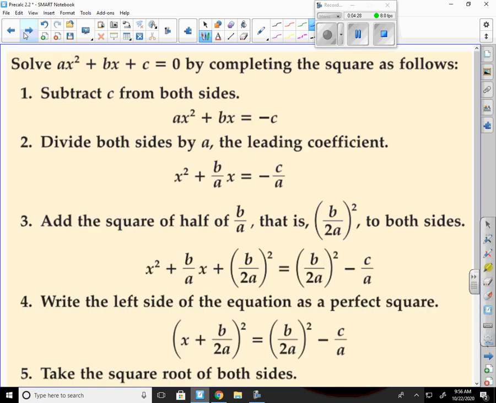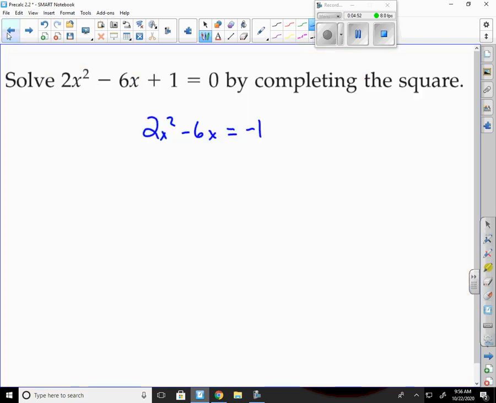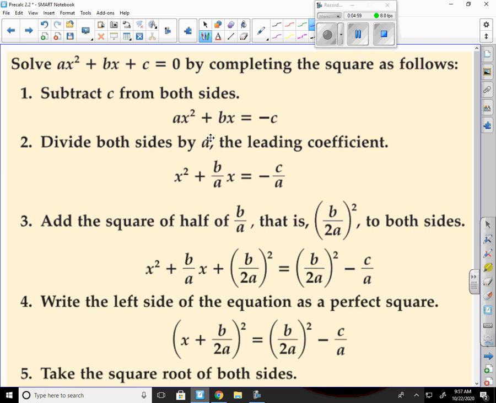In order to do this, if I have a coefficient in front of the x squared, I have to divide both sides by a, which is the leading coefficient. I can only have a leading coefficient of 1 in order to make this work. So for that last problem, I'm going to have to go back and divide everything by 2 on both sides.